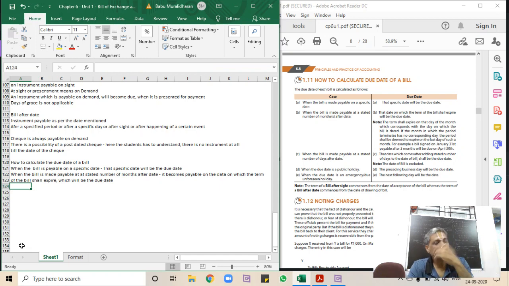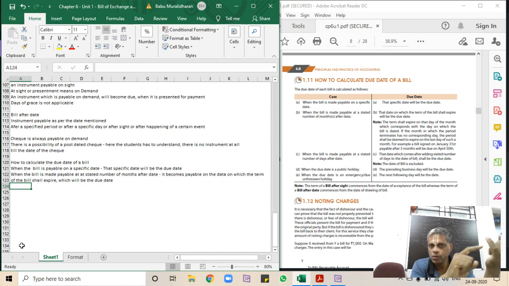One classic example here. We're drawing a bill on 31st January. That will be an easier example. It says that 3 months after date, the bill becomes due.